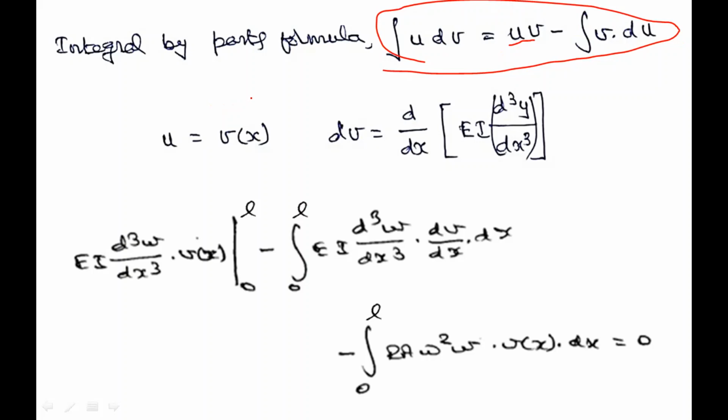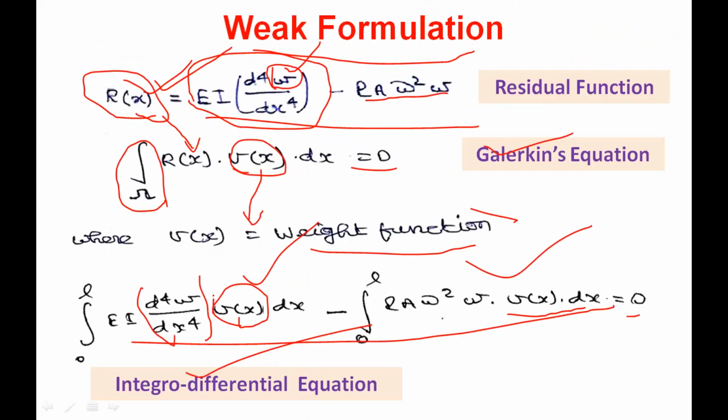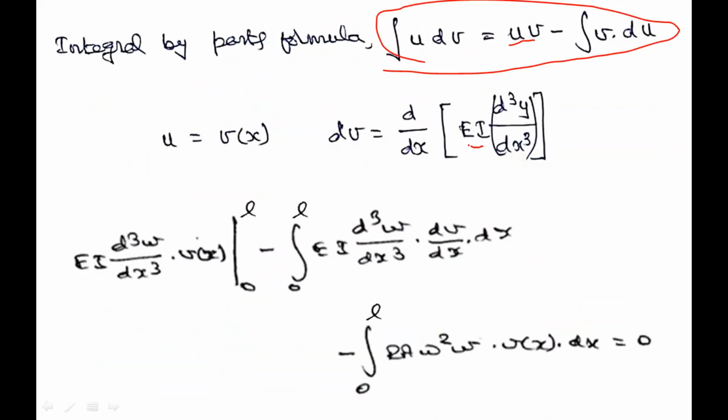In this problem, what is u? Here u is going to be v of x, and dv is d by dx of d cube w by dx cube. So v is EI d cube w by dx cube.